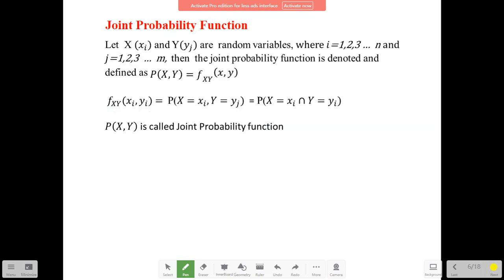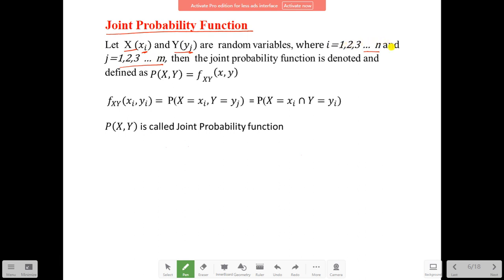Now next, the joint probability function. Here let capital X and capital Y be random variables. Here x_i means i stands for 1, 2, 3 up to n and j stands for 1, 2, 3 up to m.